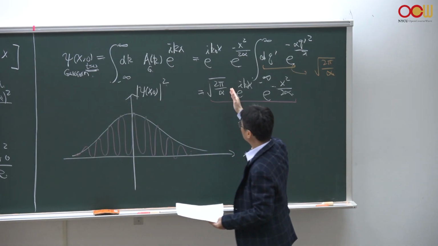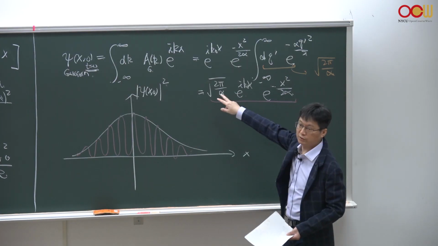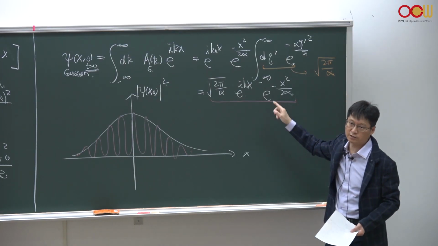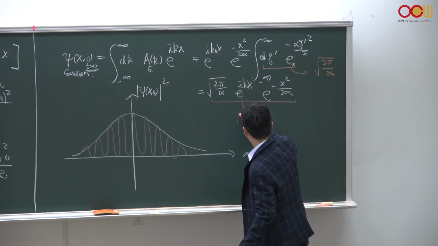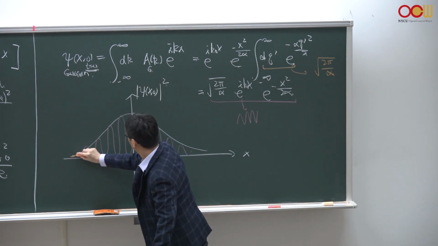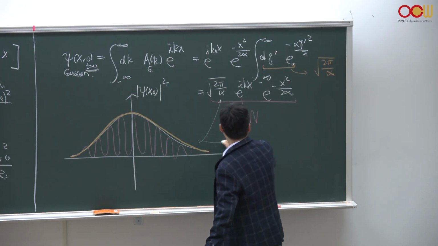So if you square this, then you don't see these small oscillations, but if you don't square this, this little wiggle represents this e to the i k0 x, a small oscillation right here, and this orange curve is the envelope of this wave packet.